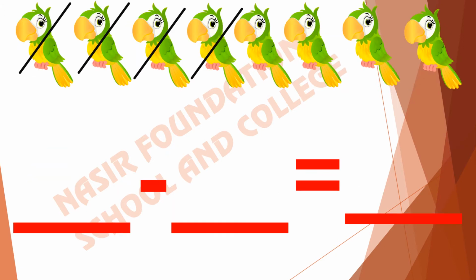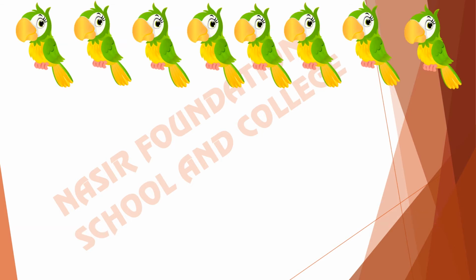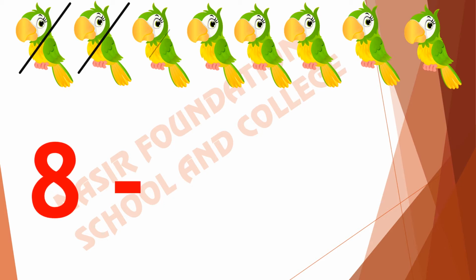Here we can see that some of the parrots are given and some are subtracted from them. We will write subtraction sentence. As we can see that there are 8 parrots. Now we will subtract 1, 2, 3, 4.